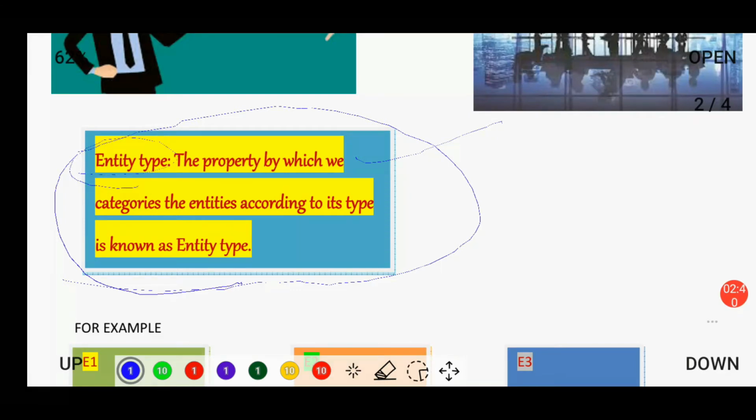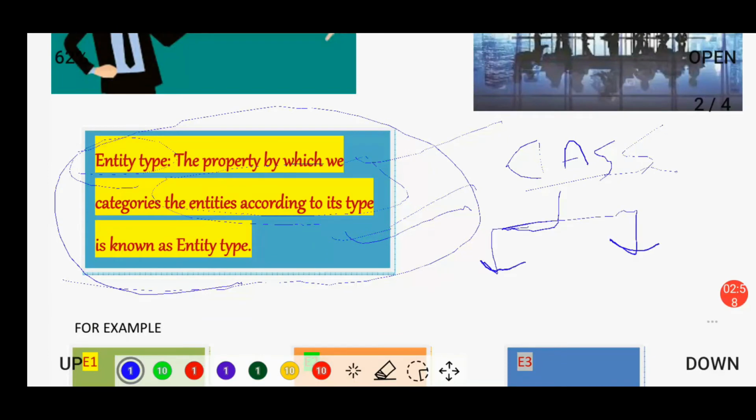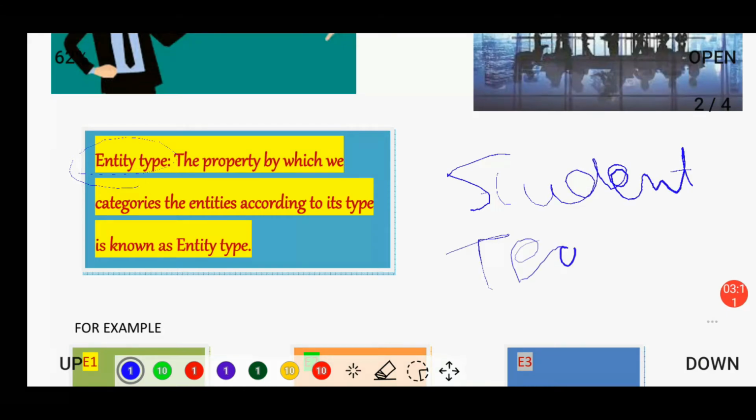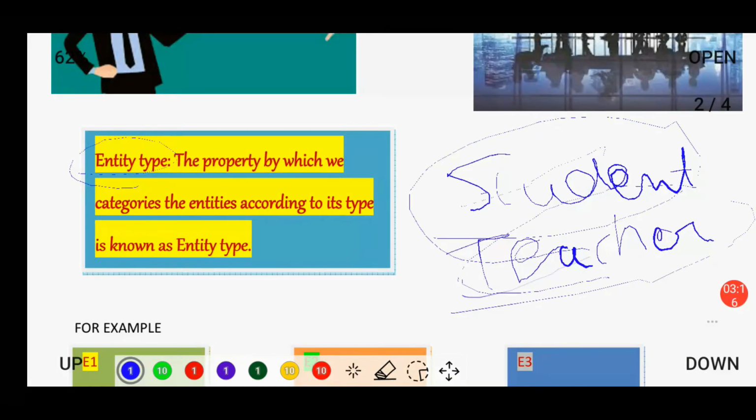It is the category of a particular entity, the property by which we categorize entities. For example, a class is a group which has two kinds of entities: the student and the teacher.